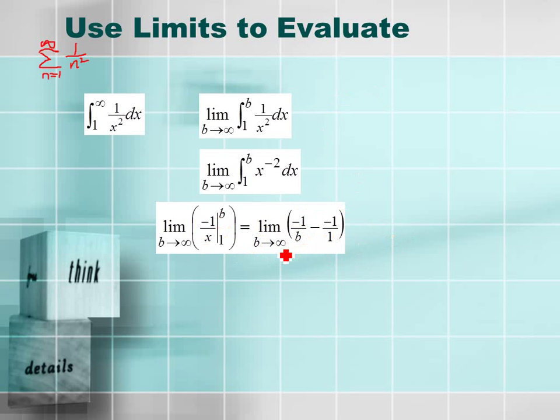As b goes to infinity, as this gets bigger and bigger, this fraction gets smaller and smaller and will go to 0. Then I have minus negative 1, that equals 1. So that is the area under this curve.